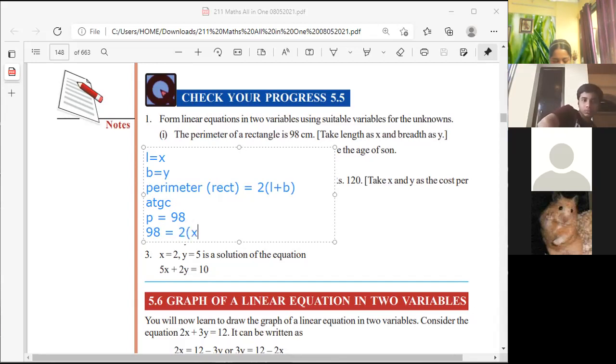X plus Y. Do you agree, bachcha log? Can I call this my equation? Yes. I will only arrange it properly so that it looks like an equation. That means whatever is on my right hand side, I will take it on the left hand side, and I will make the equation.